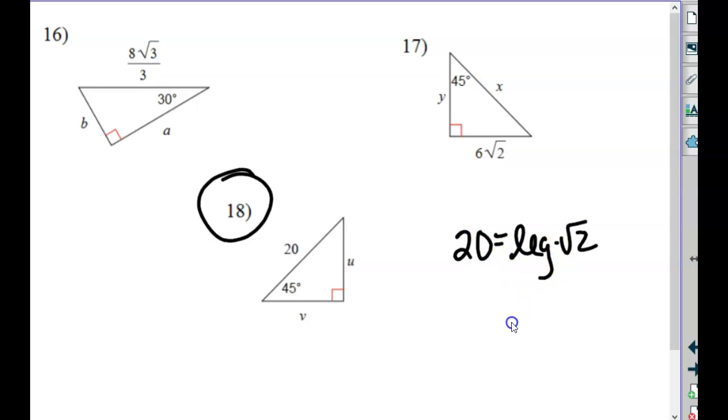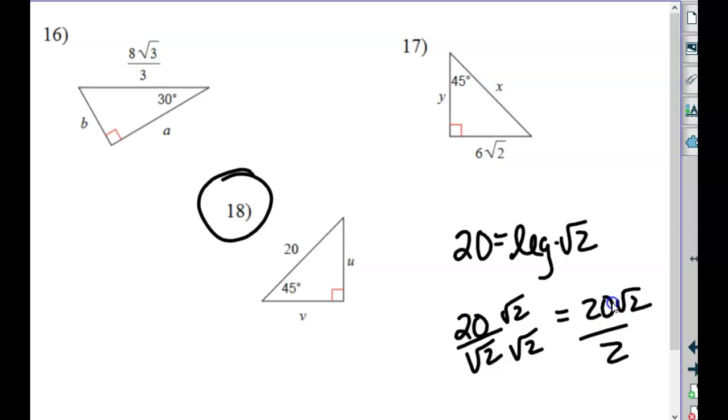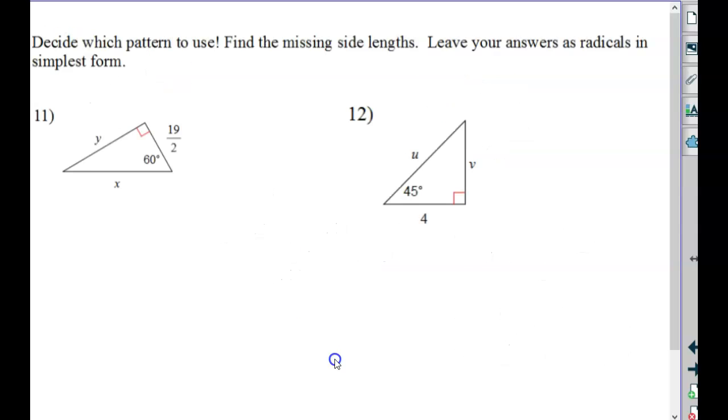So that's the process we just did. 20 divided by square root of 2 is 20 square roots of 2 over 2, which would reduce to what? Yeah. All right, back to the front.